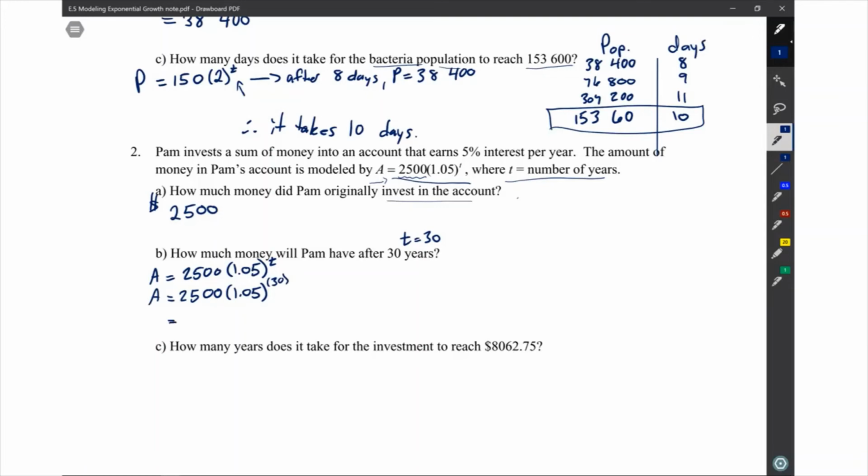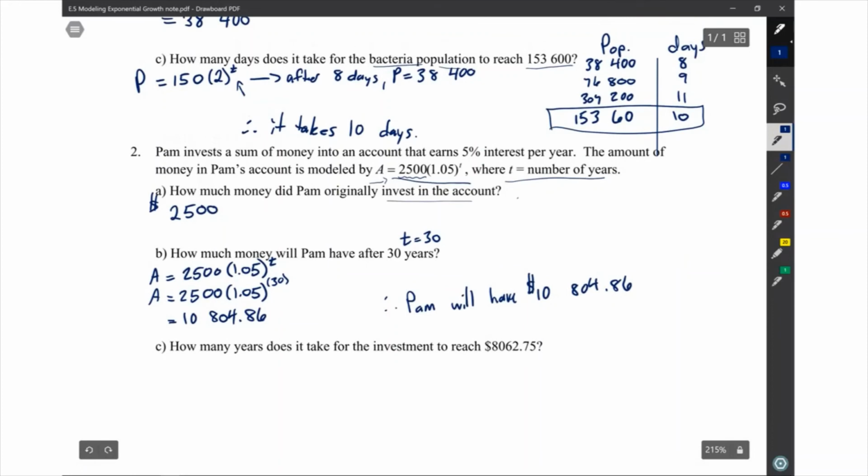I can just plug that right into my calculator. 2,500 times 1.05 to the power of 30. That's $10,804.86. So therefore, Pam will have $10,804.86.